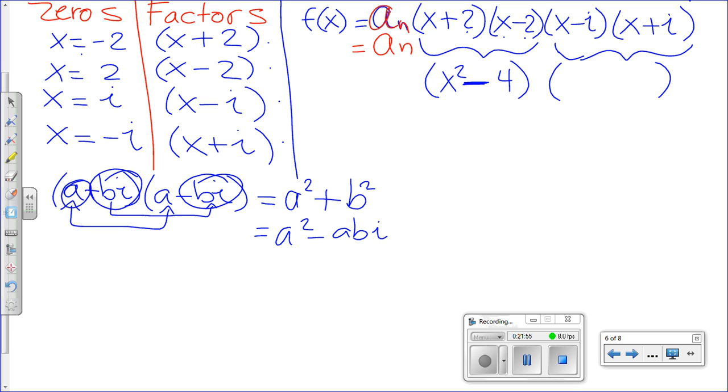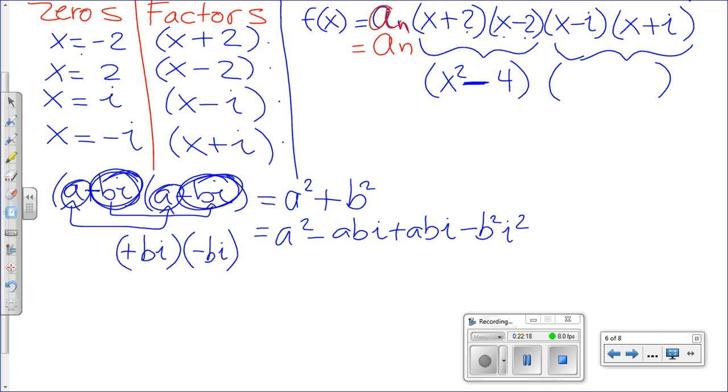Then positive bi times a is positive abi. And then positive bi times the negative bi will be negative b squared times i squared.